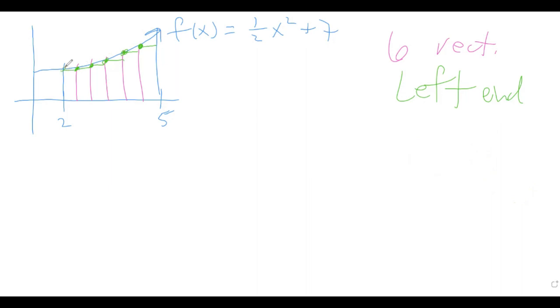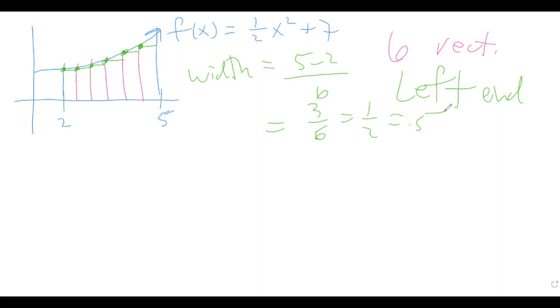So now let's worry about the first rectangle. It's base times height. So the question is, how much is the base? Notice that all the rectangles have the same width. To find that, you go this minus this divided by the number of rectangles. So the width is going to equal 5 minus 2 over 6, which is 3/6, which is 1/2 or 0.5.